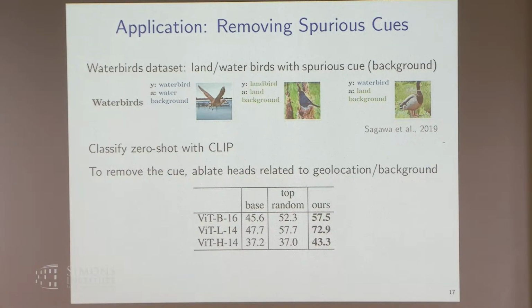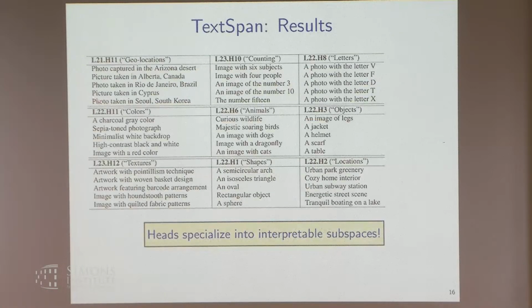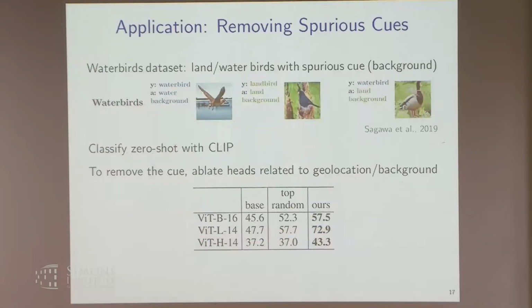This kind of spurious cue can reduce accuracy. But if you remove the heads that have to do with locations, in some sense you might think this makes the model strictly worse, but it actually significantly improves the accuracy of this model in the presence of this spurious cue.